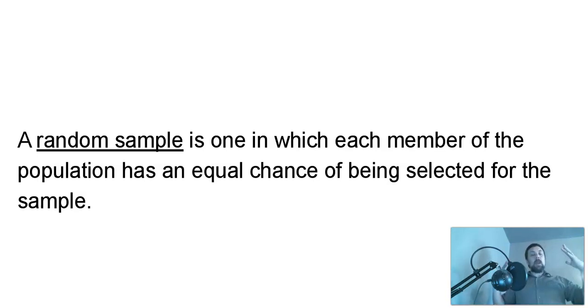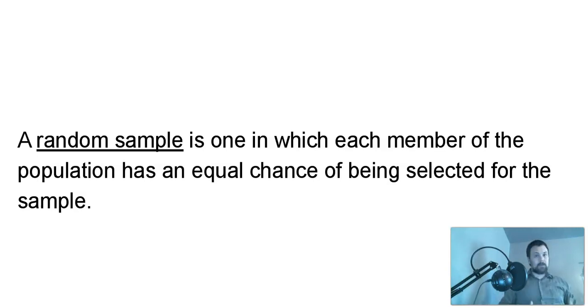A random sample is one in which each member of the population has an equal chance of being selected for the sample. For something to be truly random, it has to have an equal chance of occurring. So when you go to select the members for your sample, each member of the population has an equal chance of being selected to be in that sample.